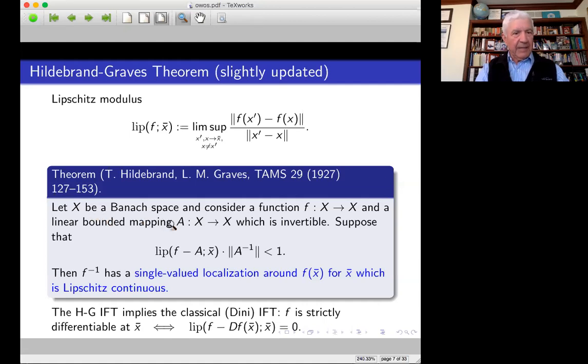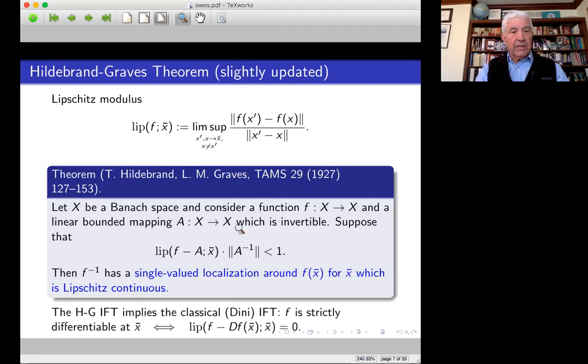We have a Banach space X. Of course, I'm updating the statement of this theorem to today's notation and terminology. We have a function acting from X to itself. And also we have a linear bounded mapping A, which is also acting from X to X, which is invertible. I mean, the inverse is linear bounded.